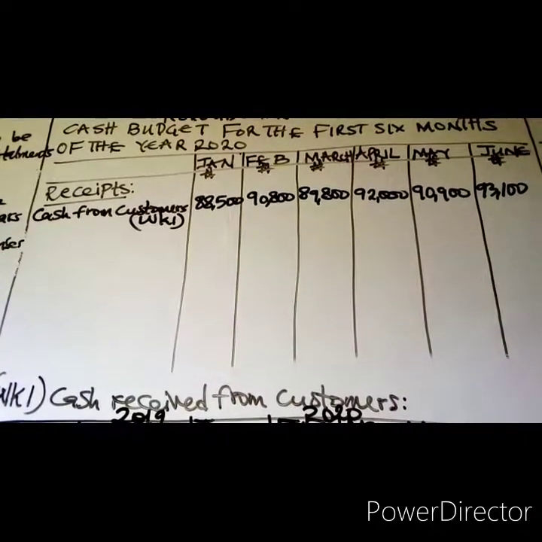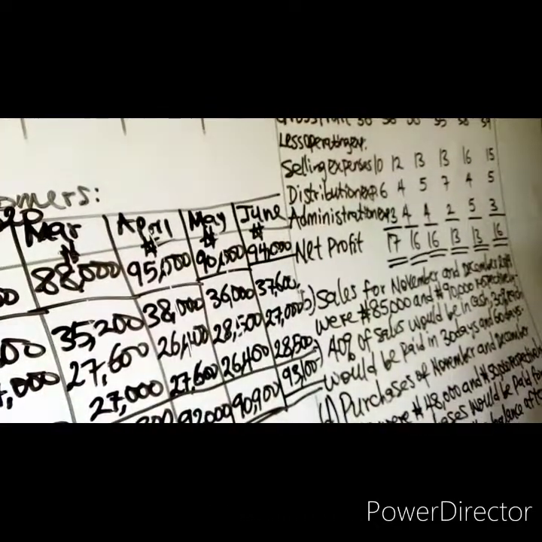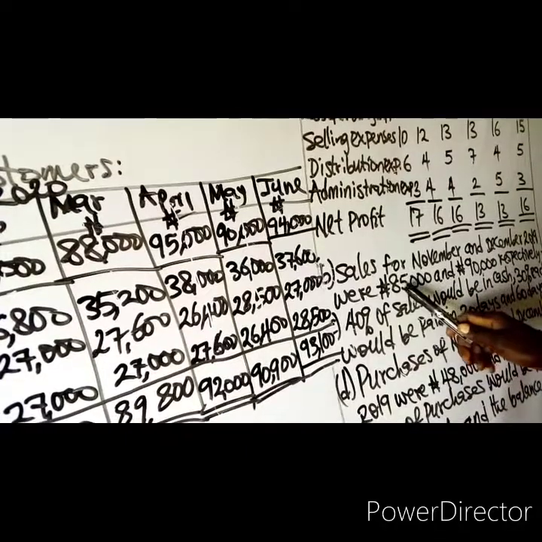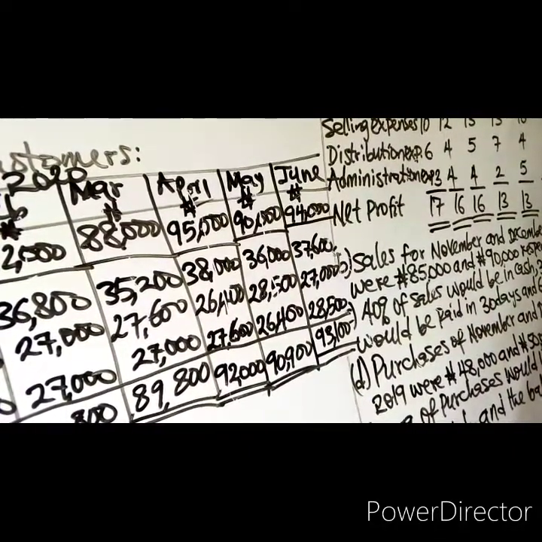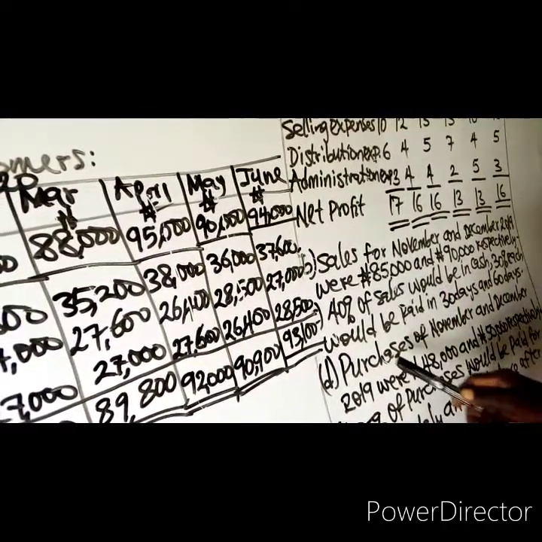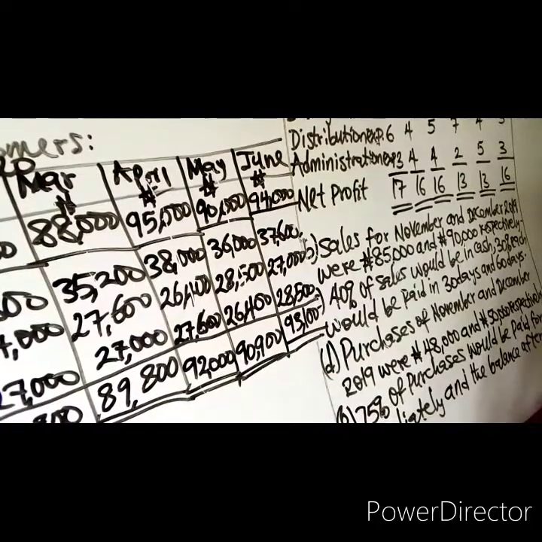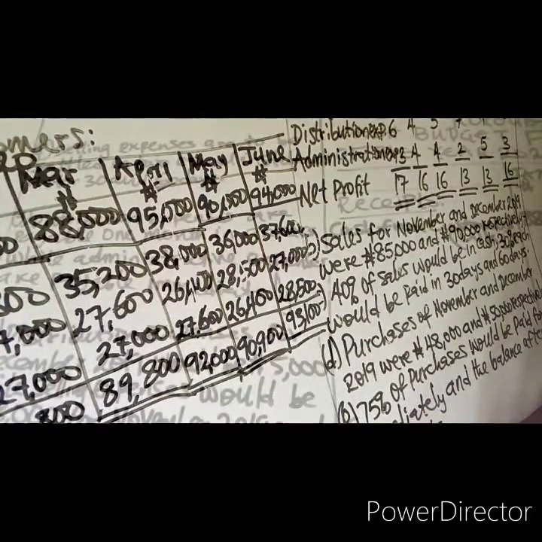Then you also go through the footnotes to see if there are other cash received. Note B is on the cash received, sales. Note D is for purchases. Note E is also all about purchases.